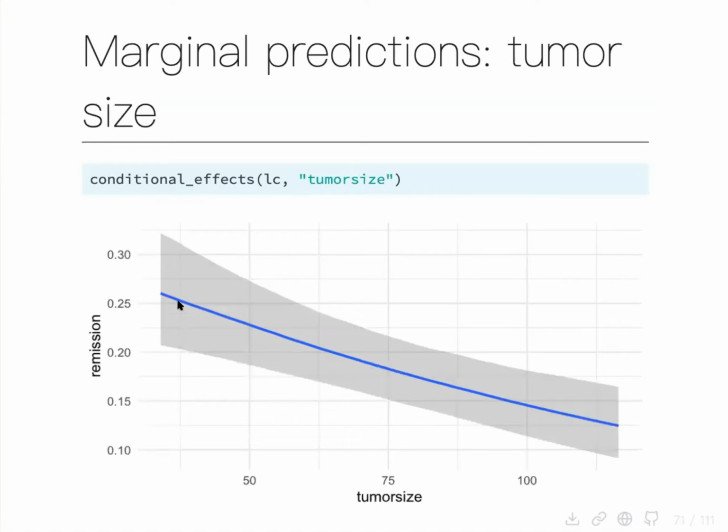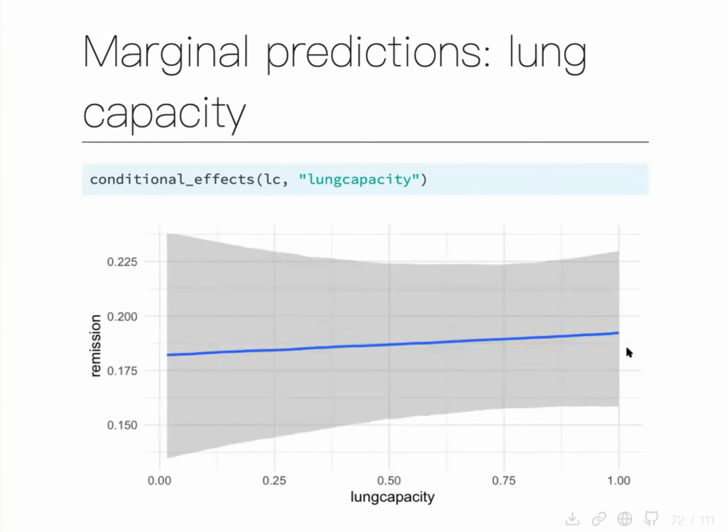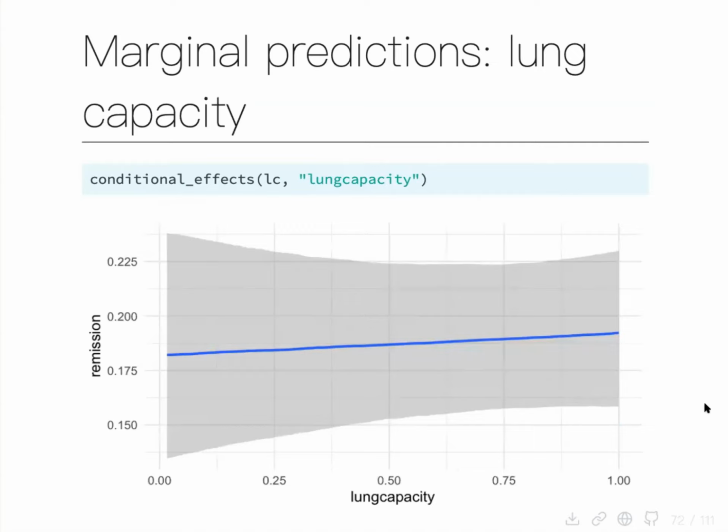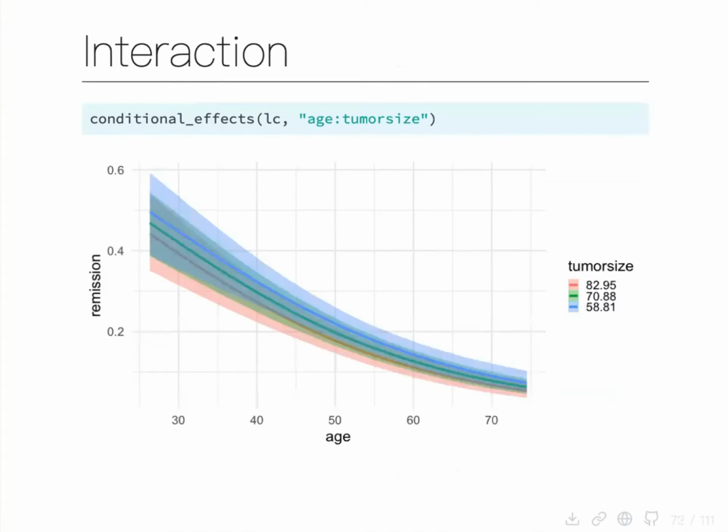For tumor size, it's similar, but you can see the slope is not quite as steep. And then for lung capacity, it's quite flat, which we would probably expect. And even for this one, right, it's steep, but we have a huge range of tumor sizes here. And so that may not be the most important predictor. All right, but this one is quite flat, probably could just get rid of it.